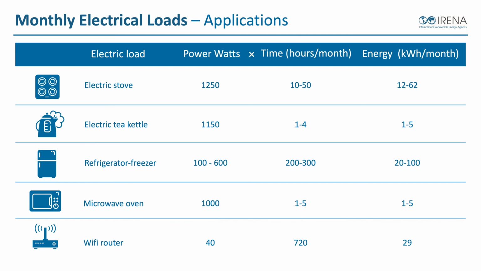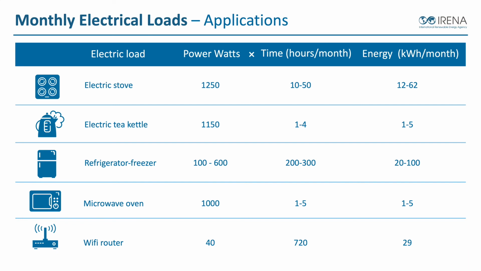So if we look at this first example, we have an electric stove, and we're saying the power or the watts from the electric stove is 1250 watts, or 1.25 kilowatts, depending on how we use our units there. So 1.25 kilowatts is the constant running load of the electric stove when it's on.